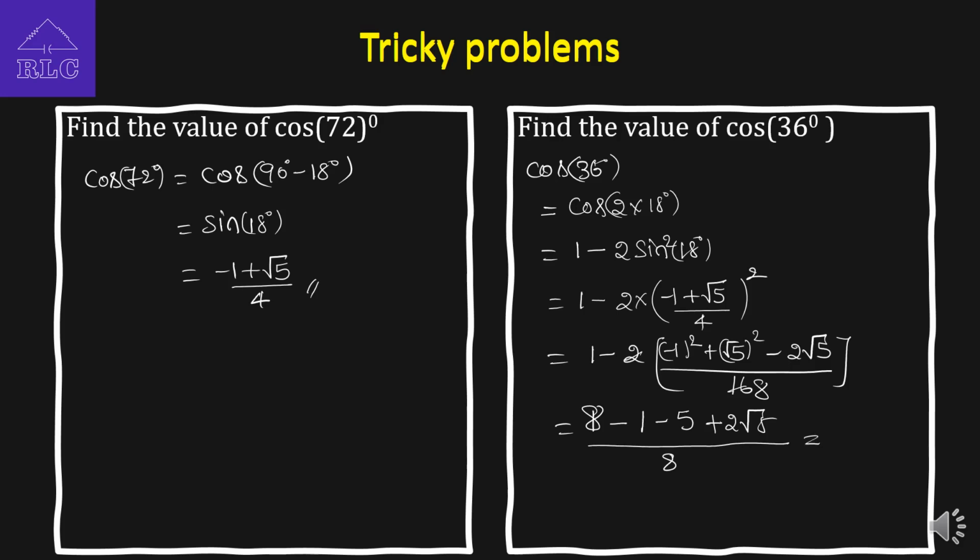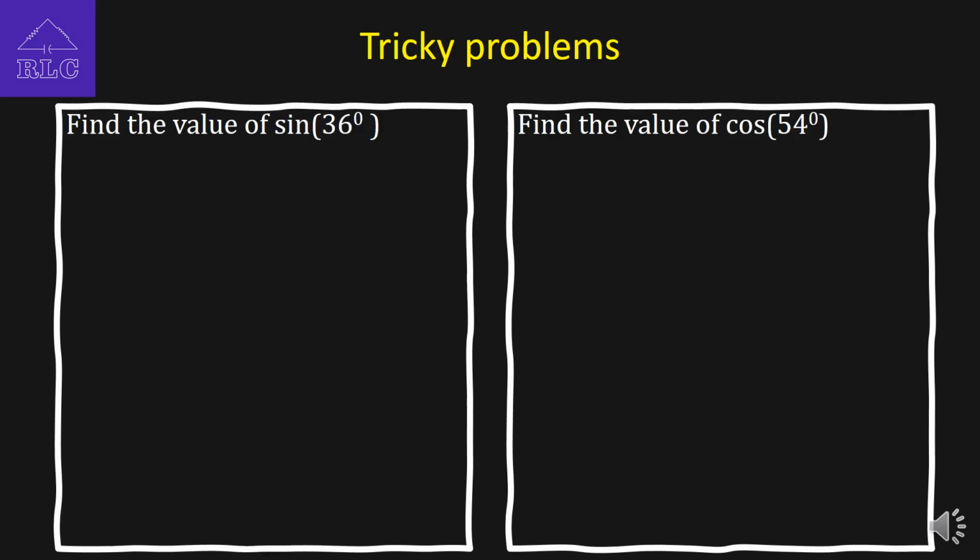So this is nothing but 2 plus 2 root 5 divided by 8. If you take 2 common and cancel out, you'll get 1 plus root 5 divided by 4, which is the value of cos 36 degrees.